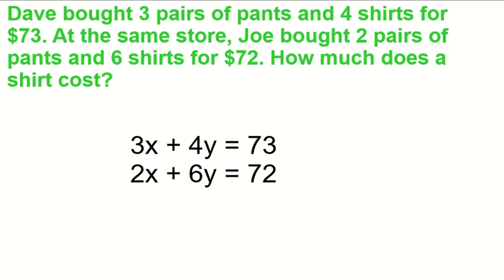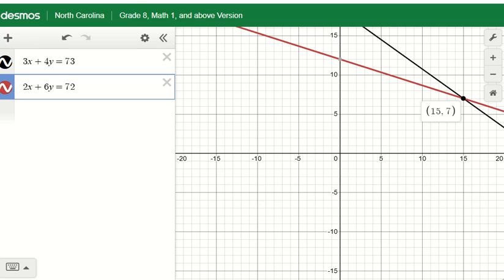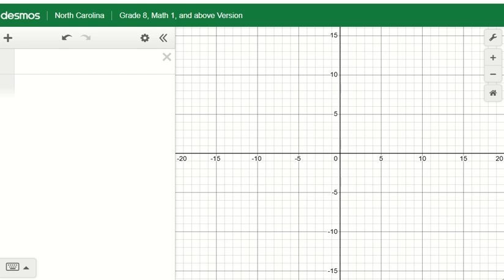Y. So when we go and look, which one's our answer? 7, the Y value. All right, you got to be able to make the equations. Desmos doesn't make the equations for you. You got to be able to remember or keep track which letter's which, okay? When you're using Desmos, you have to use X and Y for graphing them. If you try to use other letters on your graphs, it's not going to work for you.